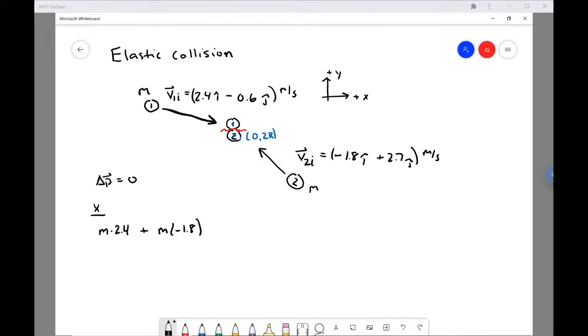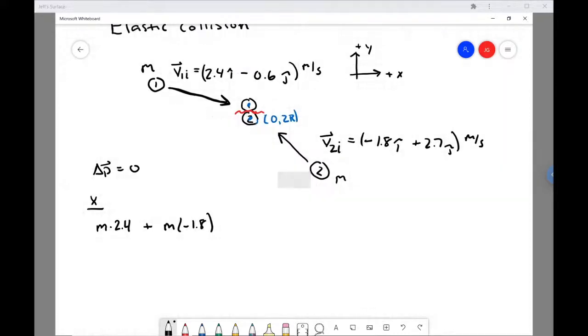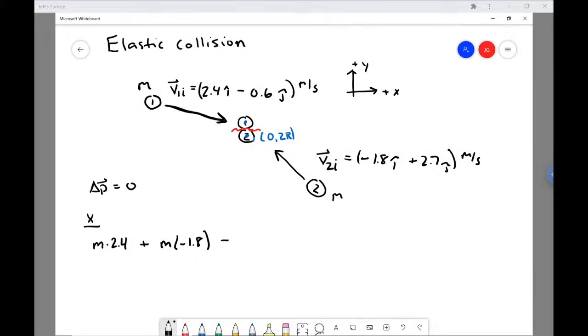So the total momentum in the x direction before the collision is this, and then after the collision it would be m v1 final x plus m v2 final x. Okay, so all of these masses will cancel because they're all identical, and this will simplify to 2.4 minus 1.8 is 0.6.